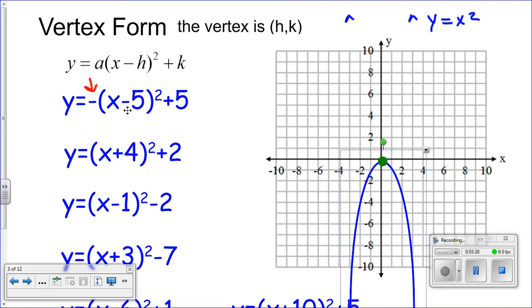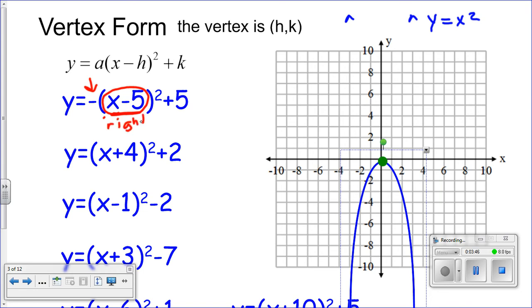Now, if you remember, the minus 5, when you have a transformation inside the parentheses, that impacts your x values. So if you remember what I said when we were talking about transformations, what makes this 0? Well, positive 5 makes it 0. Therefore, this goes positive 5 on the x-axis, which is right 5.